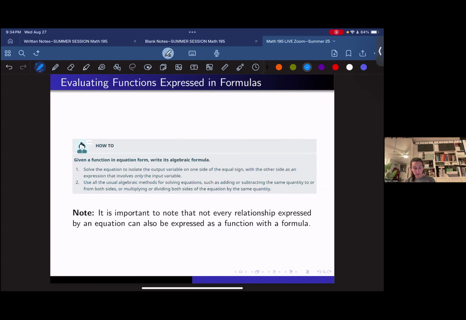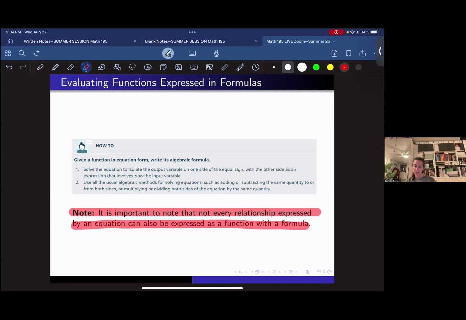There's just one note that I want to mention. It's important to note that not every relationship expressed by an equation can also be expressed as a function, so we just want to be mindful of that.